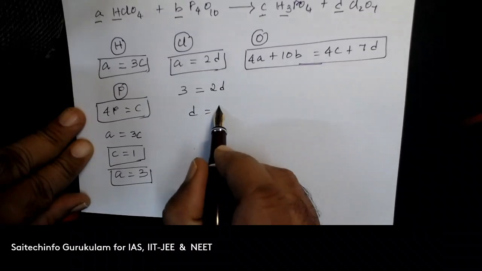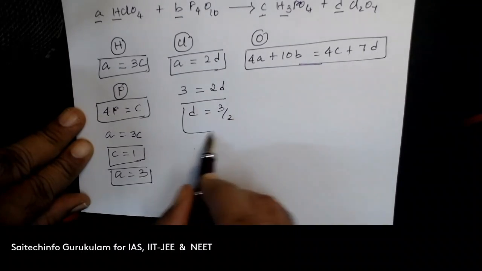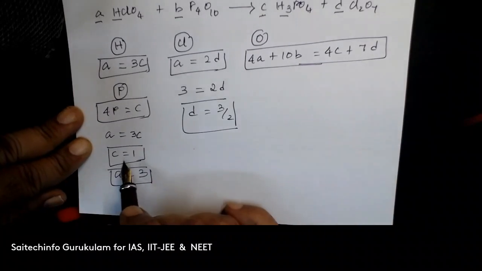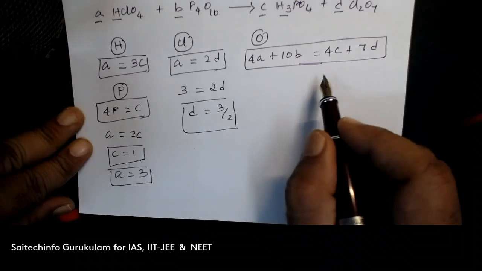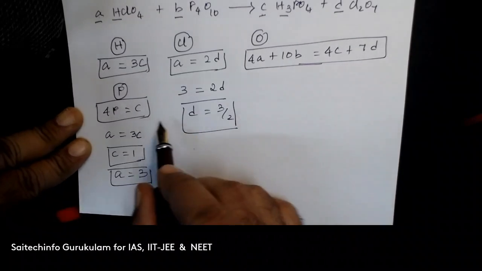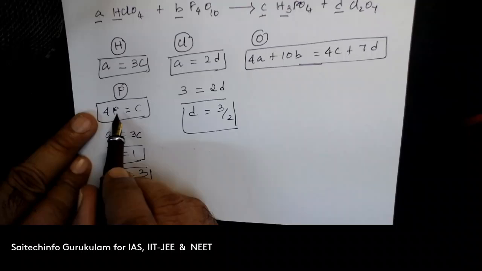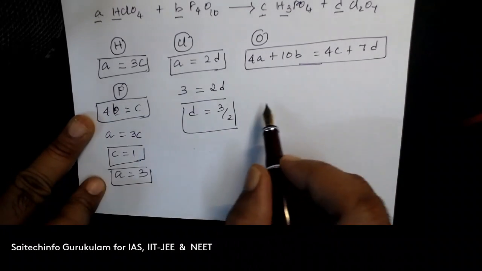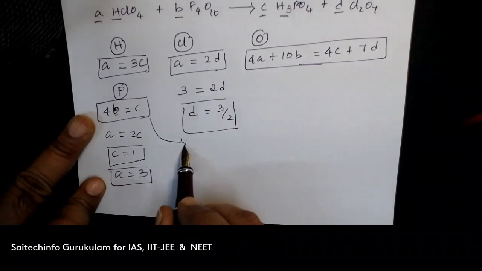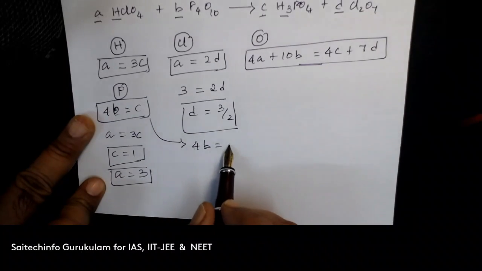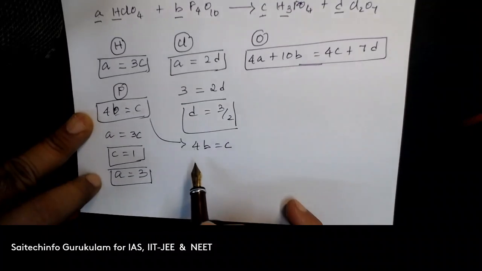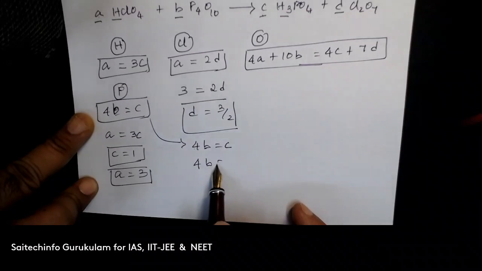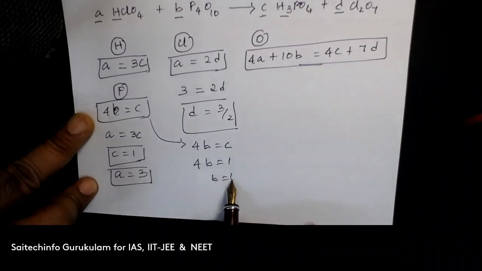Therefore D is equal to 3 by 2. What about B? We have 4B equal to C, and C is already 1, so 4B is equal to 1. So B is equal to 1 by 4.